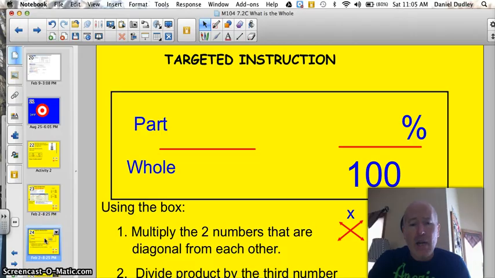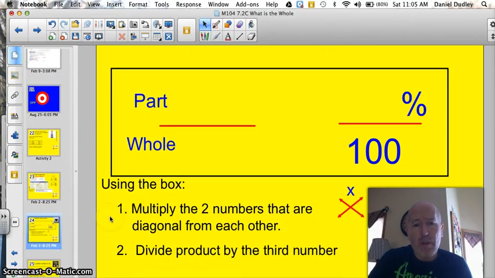Before we get to that tonight, I want to just review what we've learned so far about the box. The box, use the box, Luke. The box is beautiful. I've taken all the symbols out of it, but you just have to remember that the first step in the box is to multiply diagonal. You're always going to have 2 numbers, plus the 100 is 3, so you always will be able to multiply diagonal.